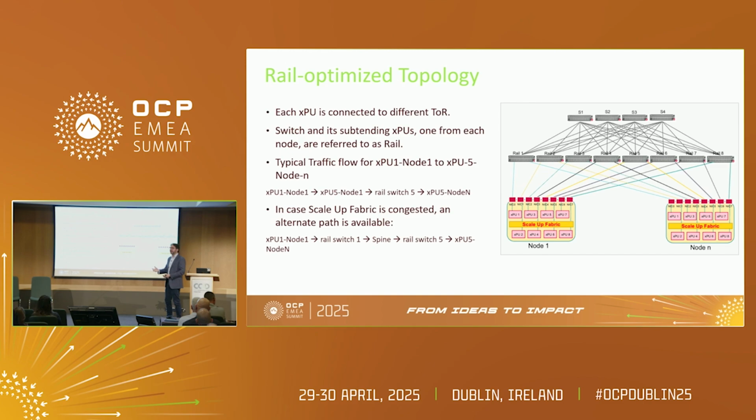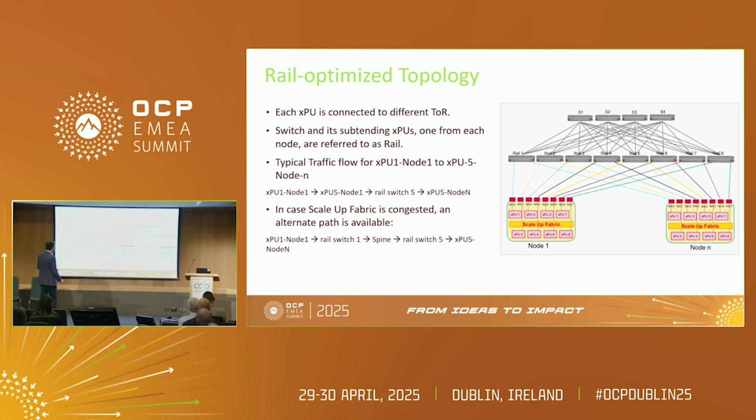So if your communication collective library algorithms are optimized for rail topologies, if they have a rail-aware architecture, that's the term I was looking for, then use this topology because it will give you the best performance.